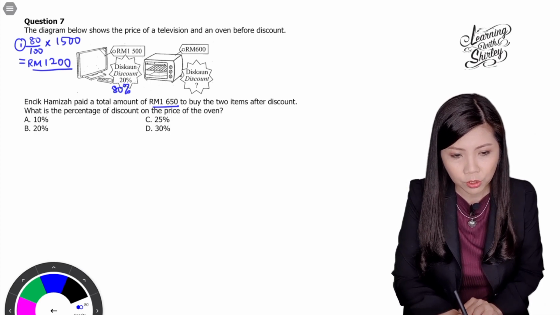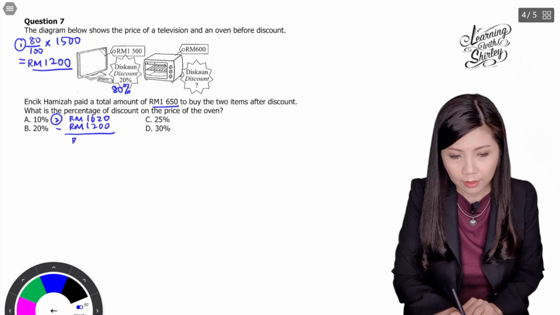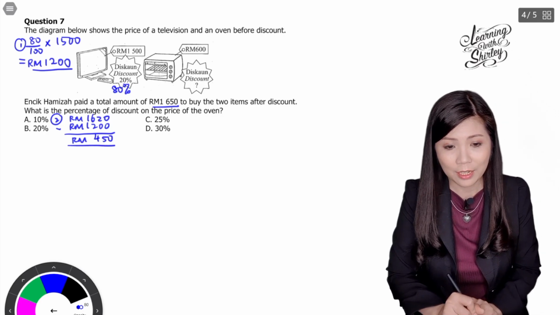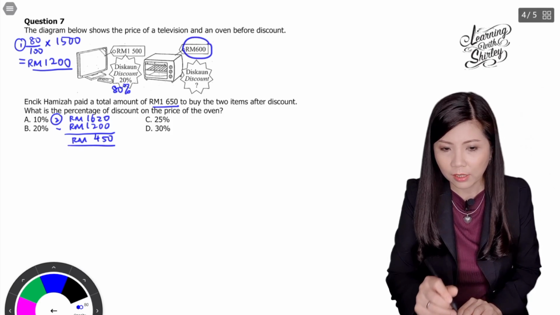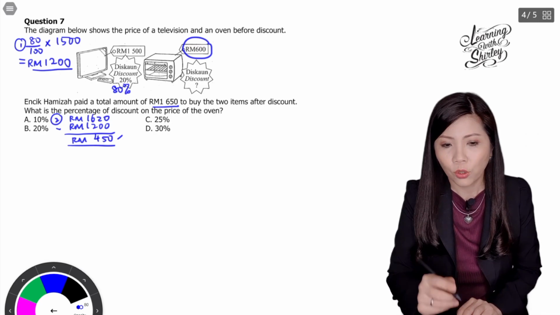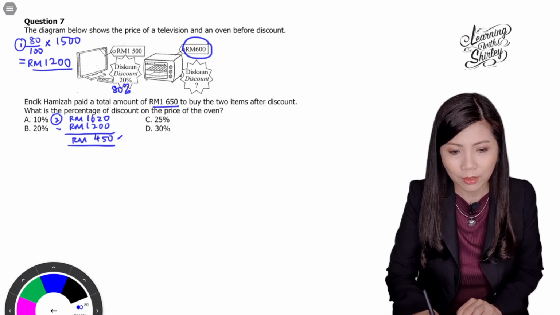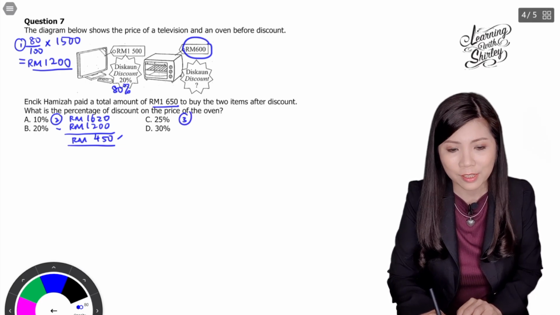So step 2 will be I'm going to use 1,650 minus the television, which is 1,200, and the balance is for the oven, which is 450. And then you see here, the original price of the oven is 600 ringgit, and this is the price after discount for the oven. So how much is the discount that he gets? The third step is I'm going to find the difference.